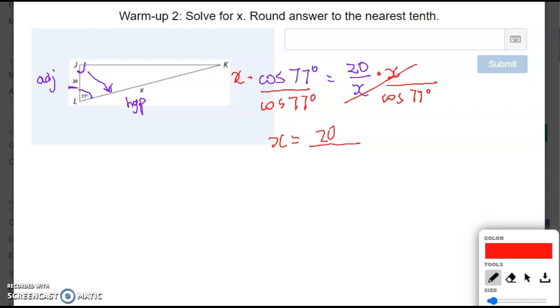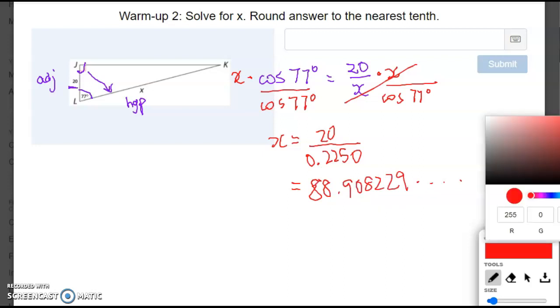So that's going to be 0.2250, which then becomes 88.9. So then I get my answer to be 88.908229 and so on.